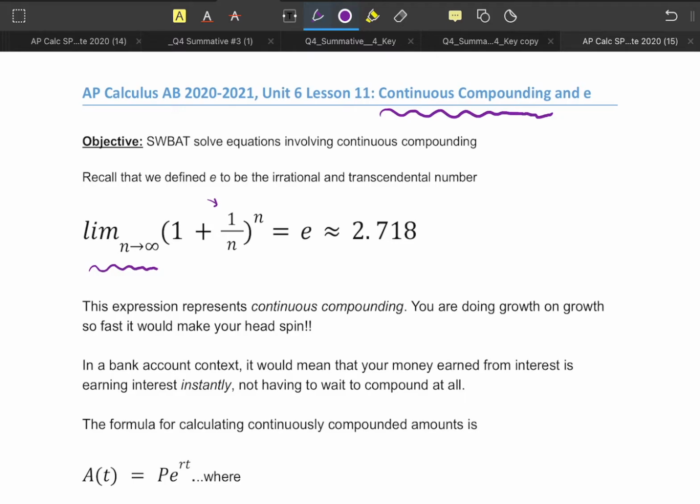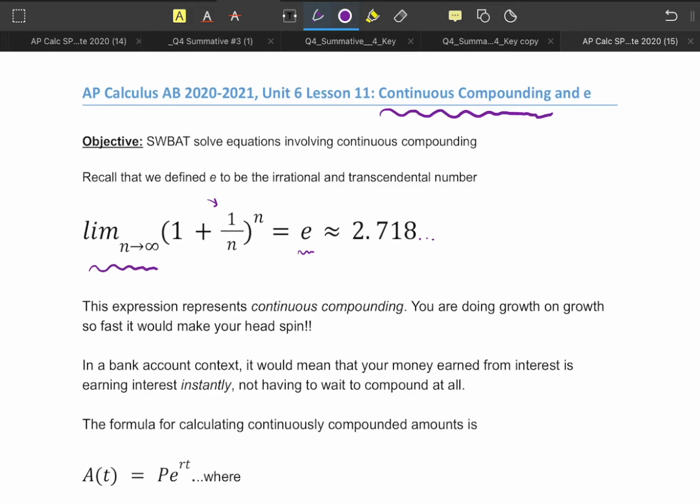It turns out that this is a mathematical constant called e. It's like pi. It goes on forever. It never repeats. And it's very useful in calculating continuously compounded amounts, whether that's bacterial growth or money in a bank account.